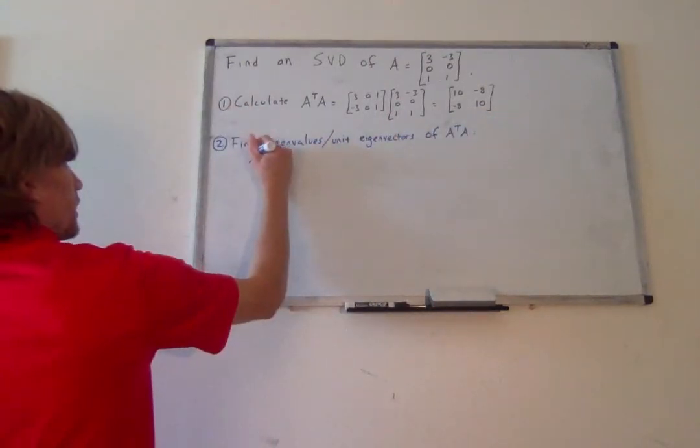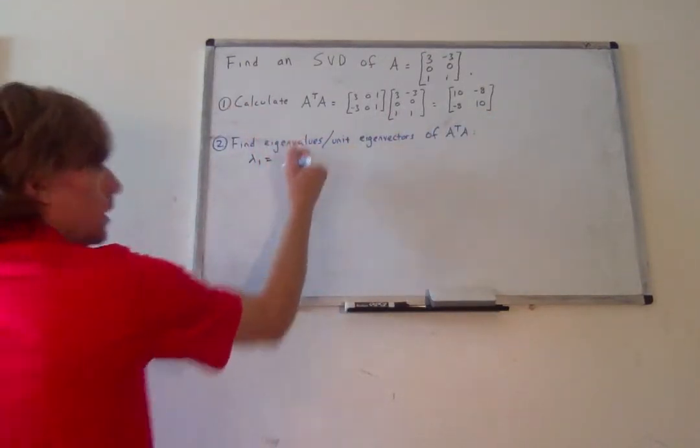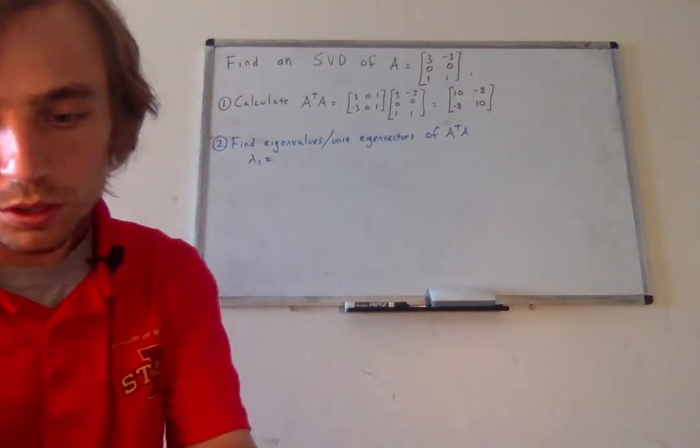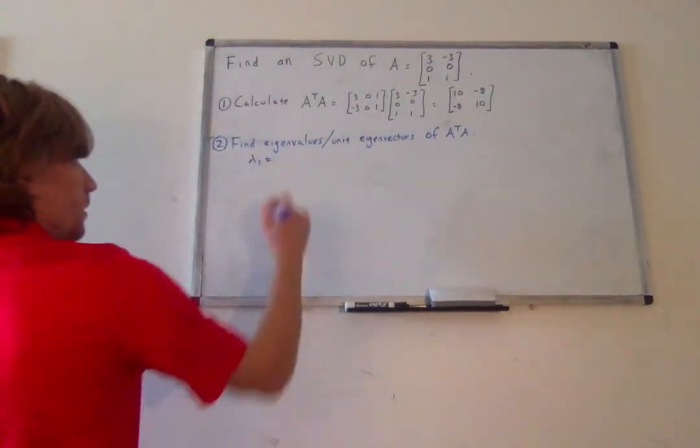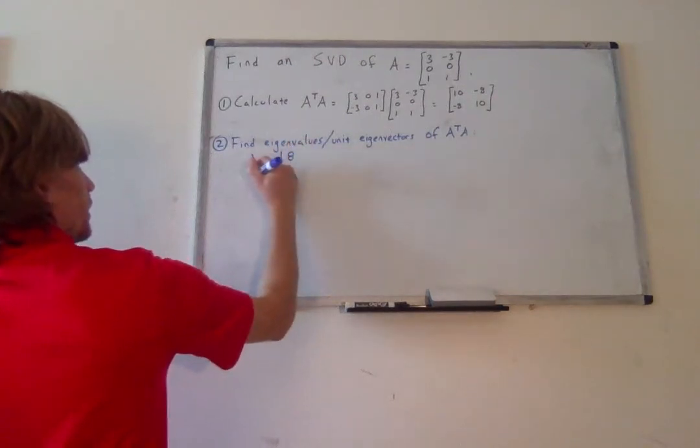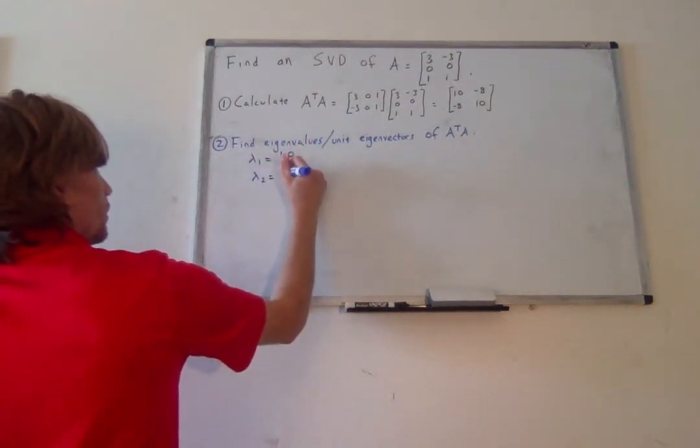So this matrix has ordered eigenvalues. Lambda 1 is equal to 18, and lambda 2 is equal to 2.